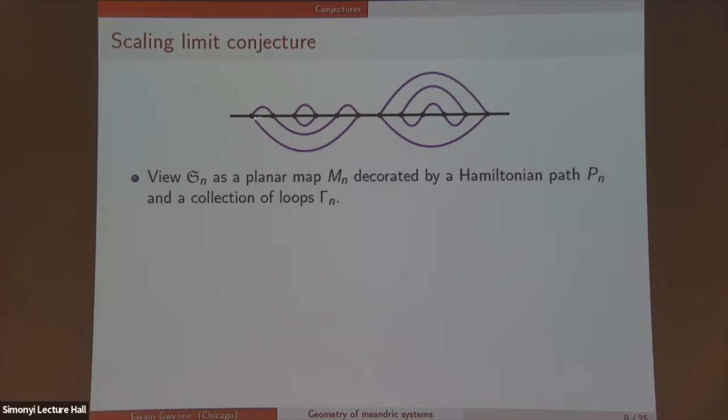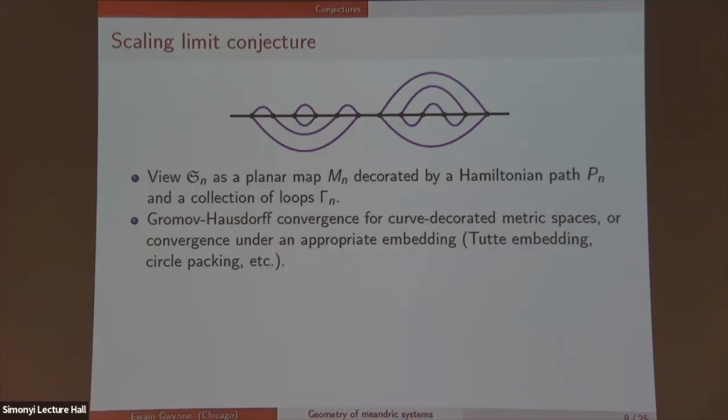This planar map is also decorated by a collection of loops, i.e. simple cycles in the graph, which are the loops of the meandric system. So a meandric system is kind of equivalent to a planar map decorated by a Hamiltonian path and a collection of loops.